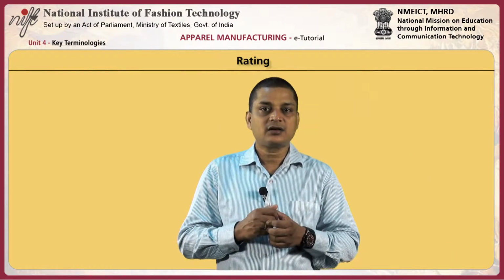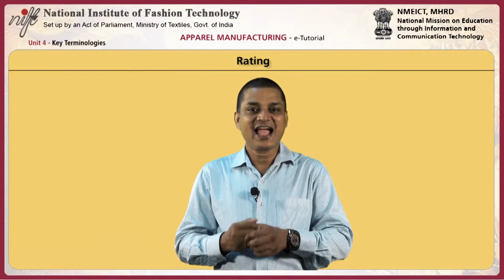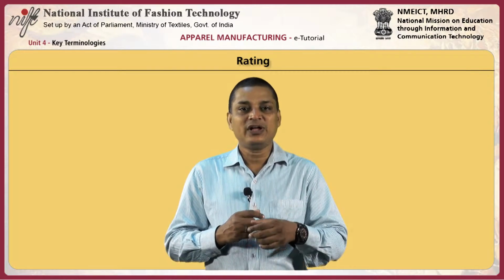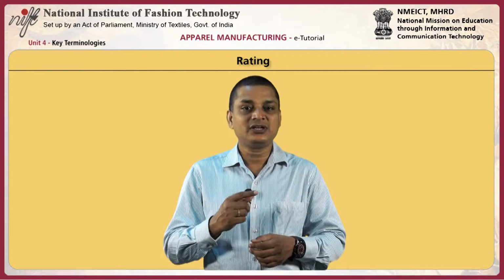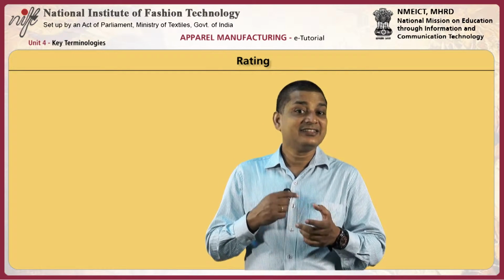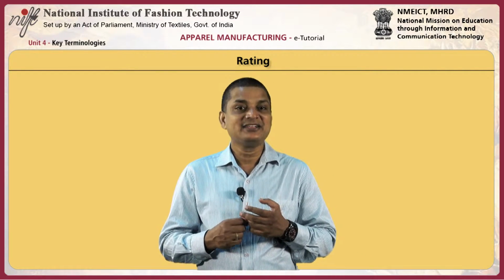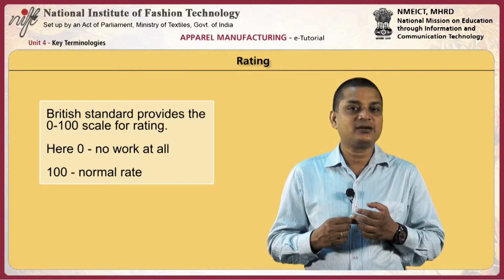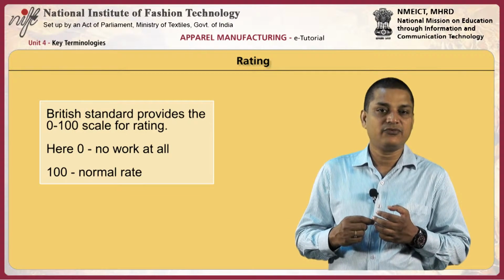The rate corresponds to the average rate at which an operator will naturally work at a job, provided they know and adhere to the specified method, and provided they are motivated to apply themselves to their work. British Standard provides the 0 to 100 scale for rating.